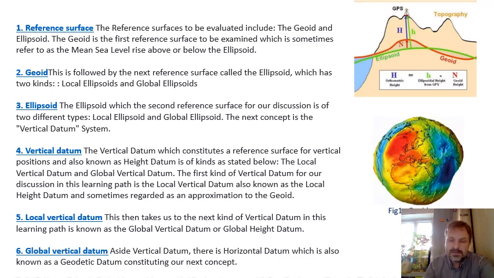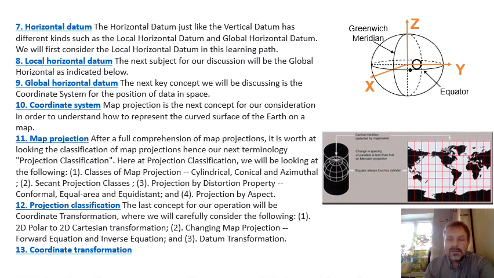Our next concept: while vertical datums explain the heights above sea level or above the ellipsoid, the horizontal datum explains how we can measure the position of a point on the Earth's surface.